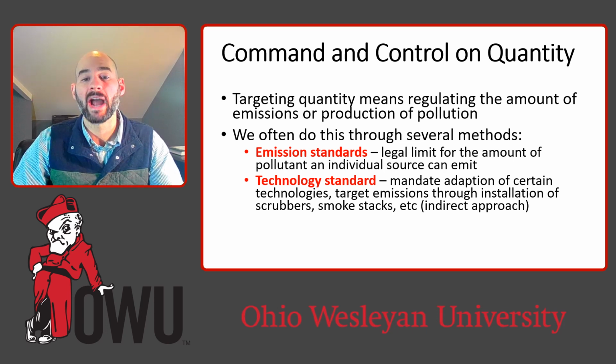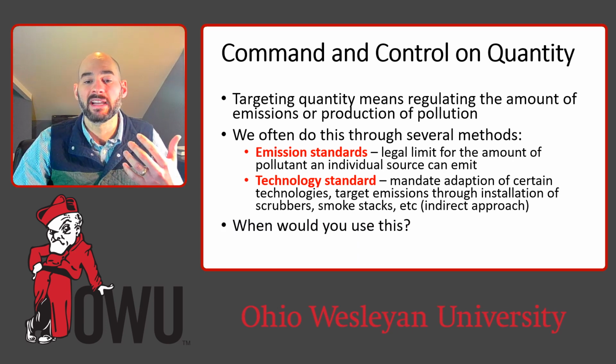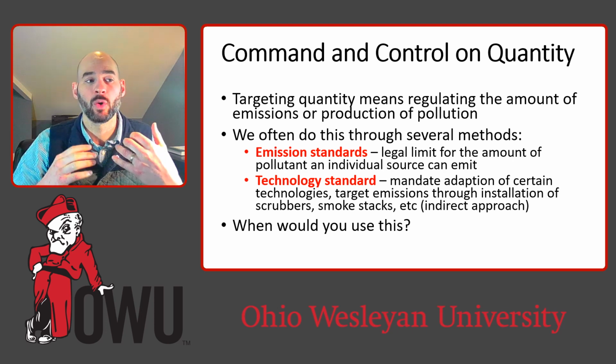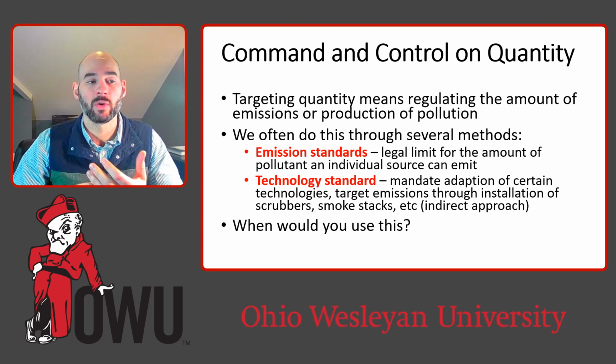Or we could require technology standards such as adopting scrubbers or smokestacks or anything which would reduce that pollution. But the main point here is that this is going to be kind of a heavy-handed government approach that may not leave as much room for economic efficiency, but is going to strictly enforce certain standards to be met.